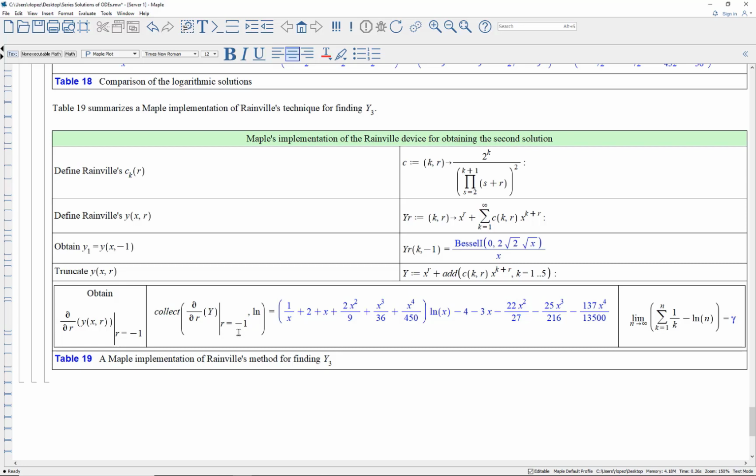Let's see what happens if we do that derivative and evaluate at r equals minus 1. Lo and behold, we get the pieces that we have been seeing as both Maple's logarithmic solution series-wise and Rainville's terms. And here is a reminder of the gamma that showed up in table 18. So Maple does help understanding Rainville's technique for getting that logarithmic solution.